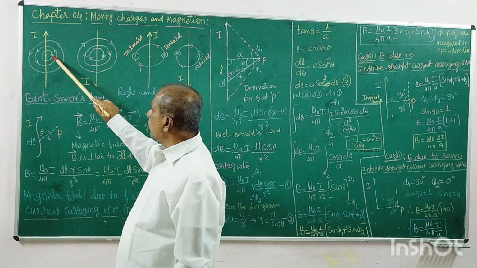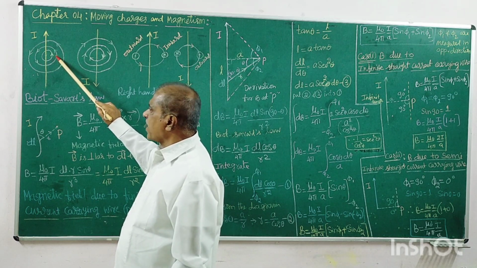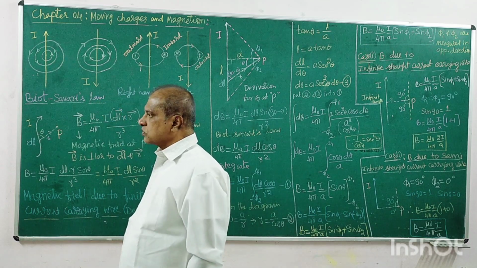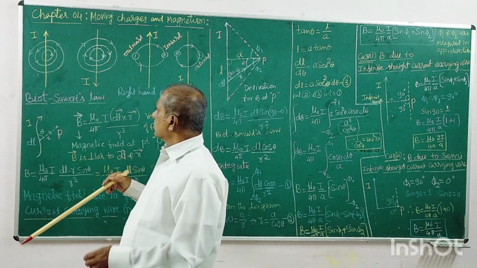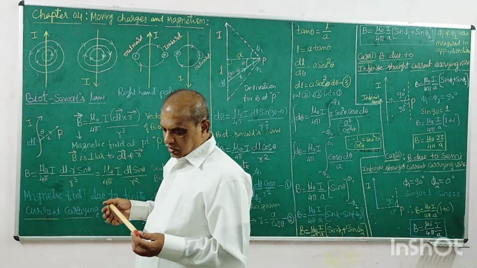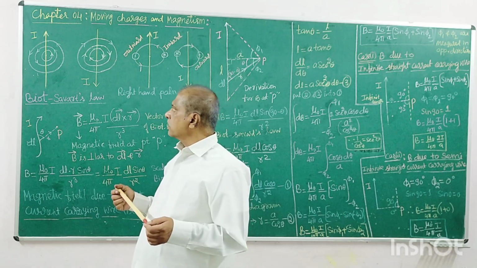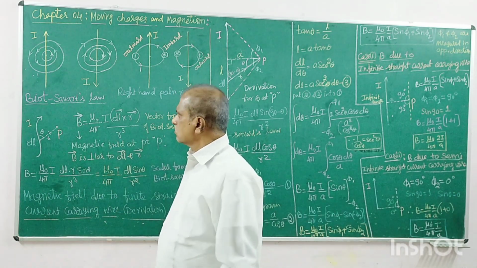This line has more force, this line has less magnetic force, and this line has even less. This is how the magnetic field is distributed in terms of magnetic lines of force.